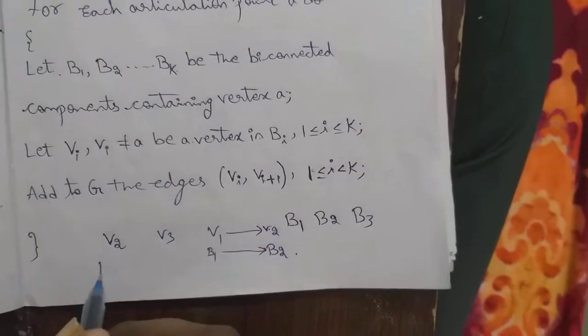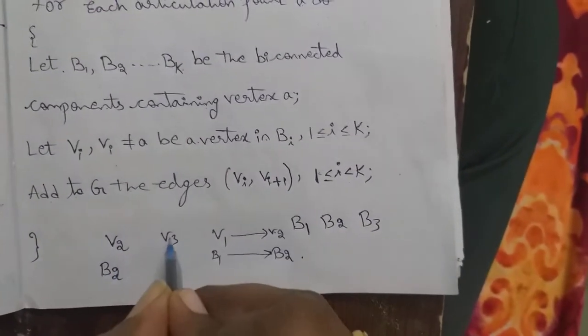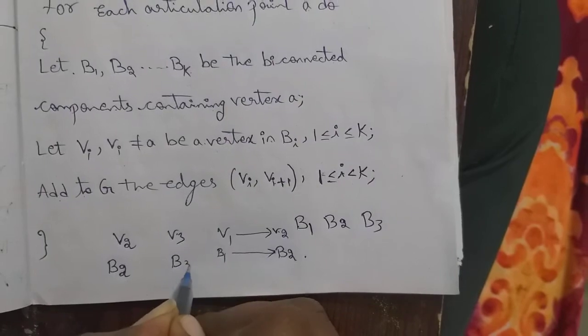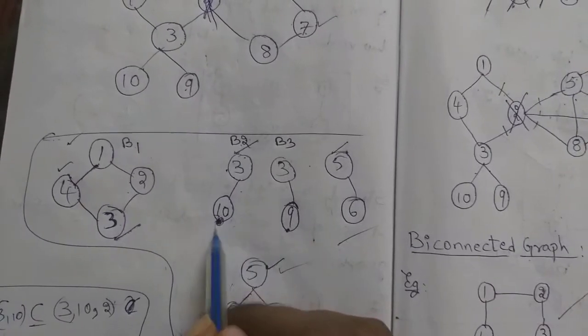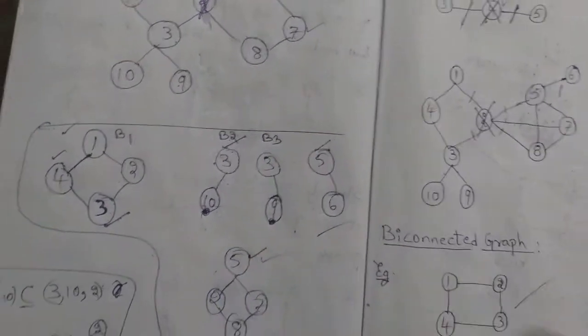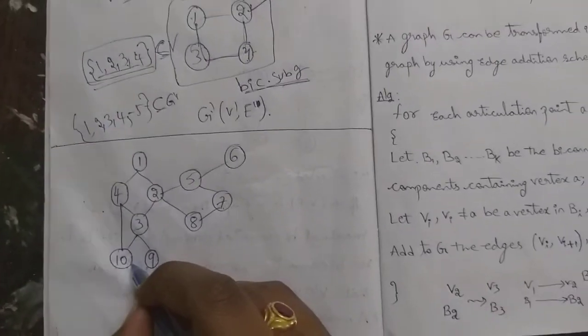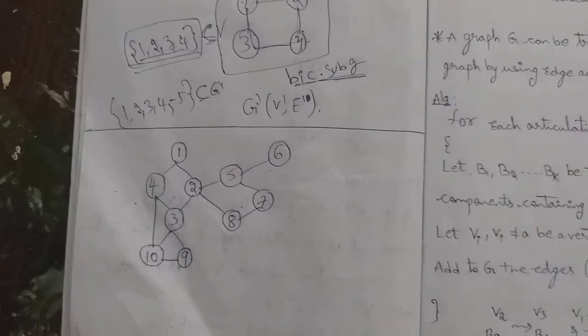In the sense, vertex in biconnected component 2 to vertex in biconnected component 3. We need to add an edge from vertex 10, which we have chosen in component 2, to vertex 9 in component 3. It means we need to add the edge 10 comma 9 in the main graph.